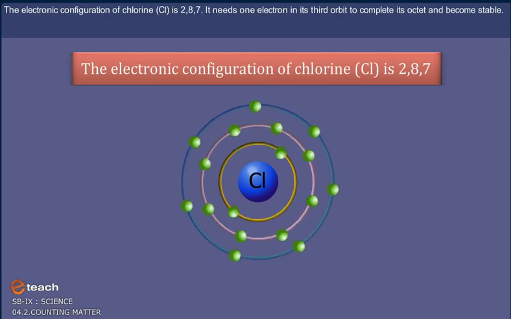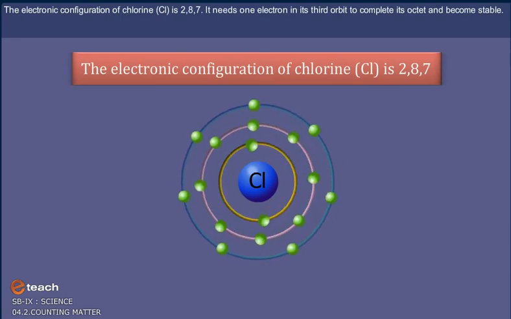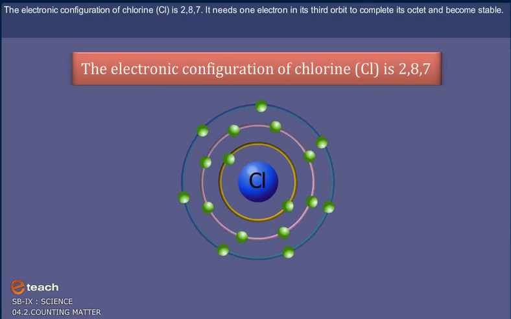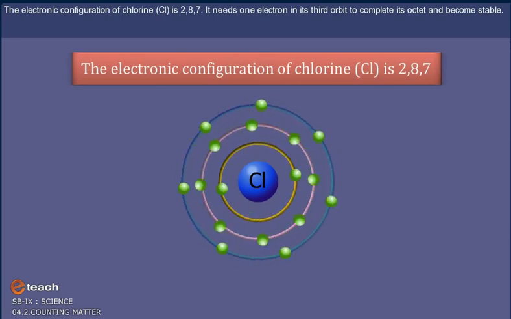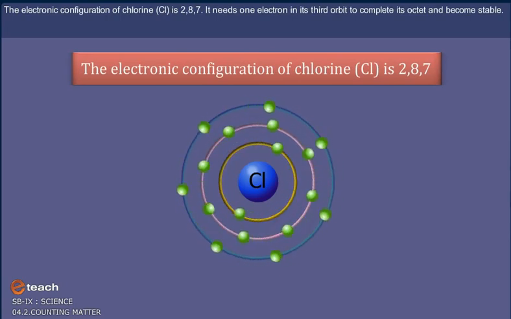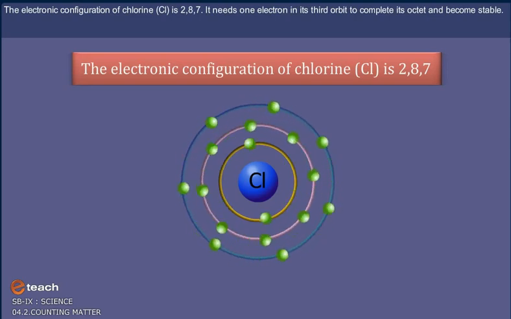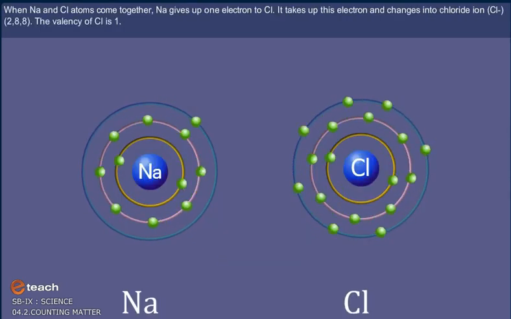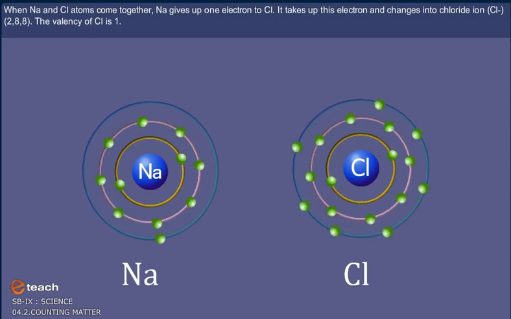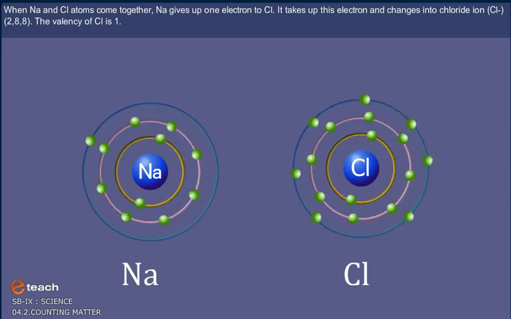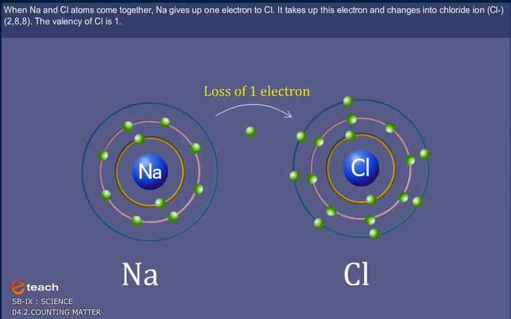The electronic configuration of chlorine, that is Cl, is 2, 8, 7. It needs 1 electron in its third orbit to complete its octet and become stable. When Na and Cl atoms come together, Na gives up 1 electron to Cl.